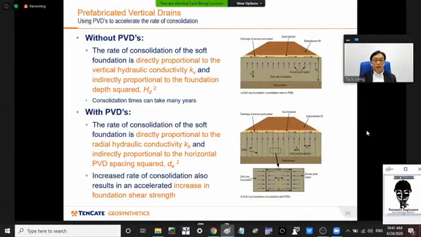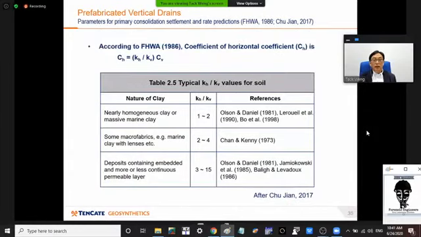Also, another point to note is that when you increase the rate of the consolidation, you also increase the foundation shear strength faster. Not only are you providing a shorter path for the excess pore water pressure to dissipate, you are actually allowing it to go through a more permeable path.